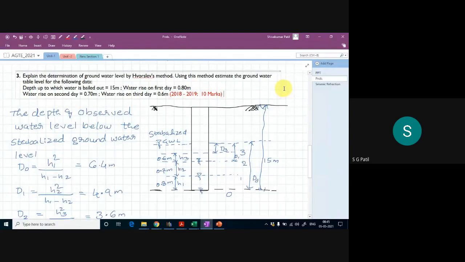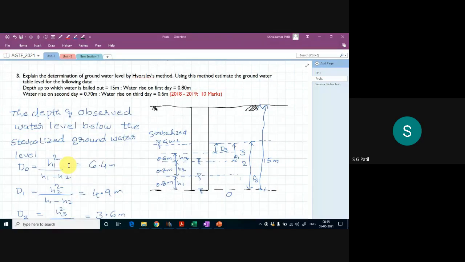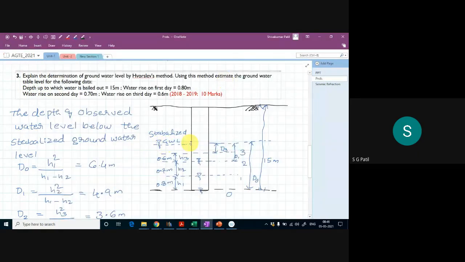Okay, so this is the borehole. The depth up to which the water is bailed out: maybe this is the stabilized groundwater level.